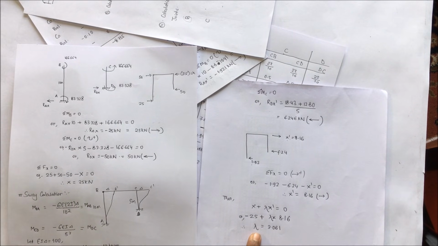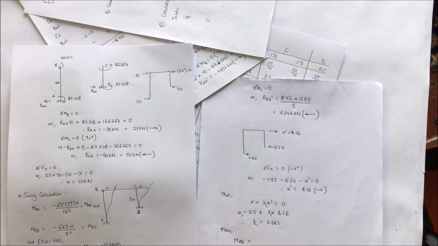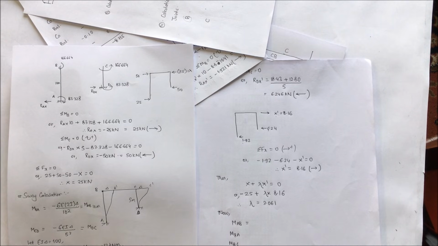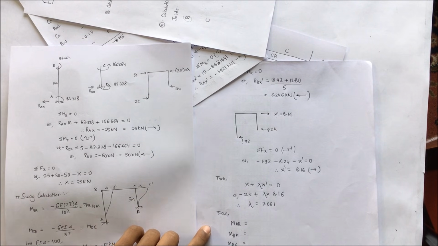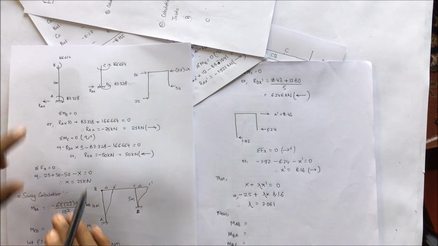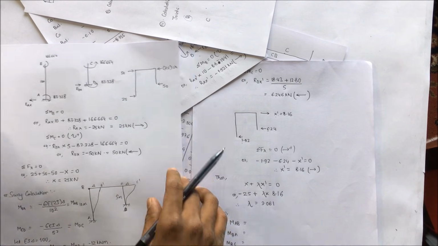Lambda is a constant. Now the moment induced in each member, MCD, DC, is calculated. You have to be sure that the effect of both the non-sway mechanism and sway mechanism is taken.